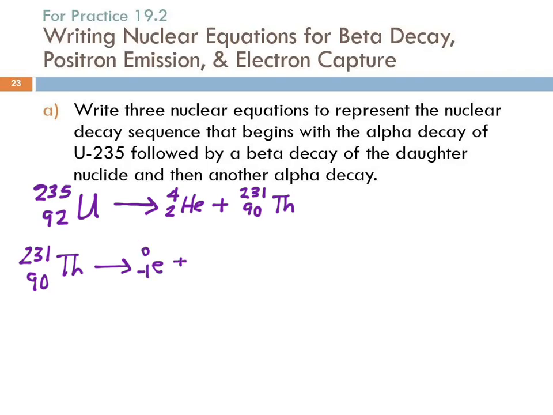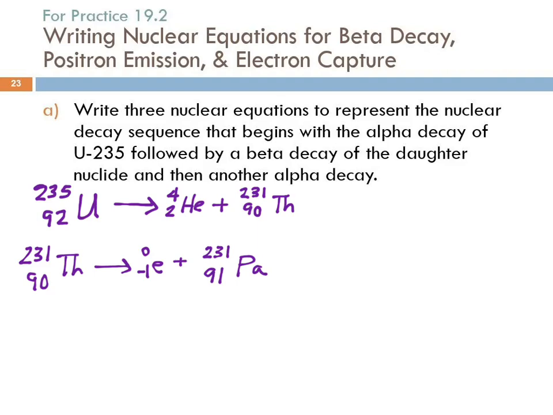And so our numbers here are going to be 231 and 91, sorry, 91. And 91 is Pa. Anybody look up what Pa is? Protactinium. Protactinium, yeah. Okay. Interesting.